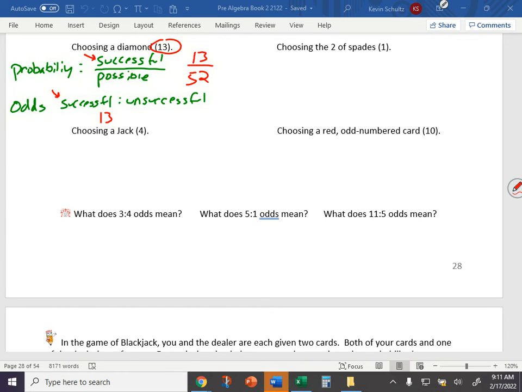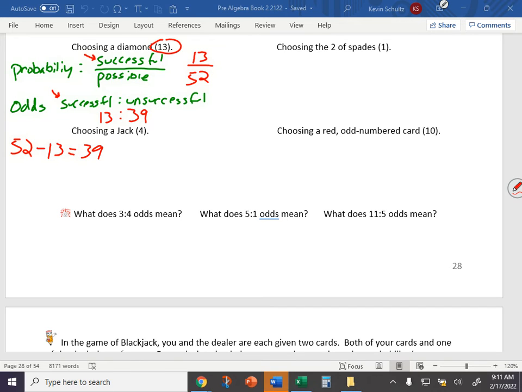Versus odds, which compare that 13 with the number of unsuccessful. So if there are 52 possible outcomes, 13 of which are successful, how many are unsuccessful? 39. 52 minus 13 is 39.